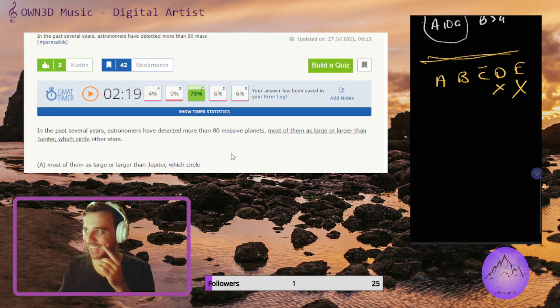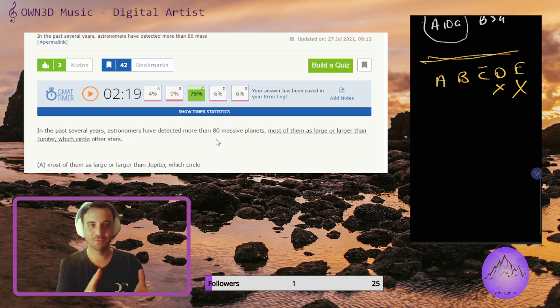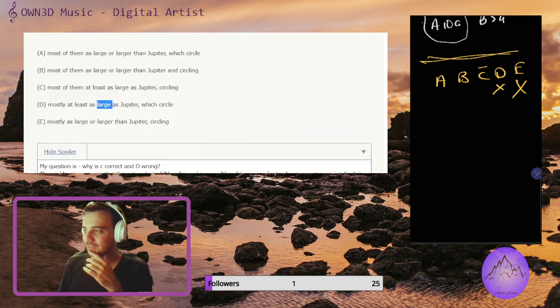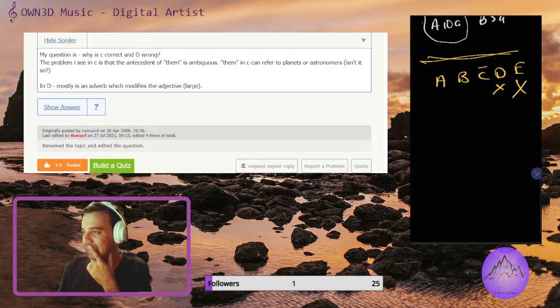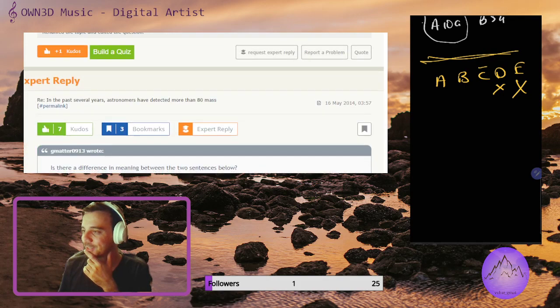We're trying to say most of these 80 massive planets are large, or actually large or larger than Jupiter. So mostly large, trying to say that it's like 3/4 large or something like that doesn't really make any sense. So that's a good reason why D would be wrong. I think they kind of answered their own question actually.